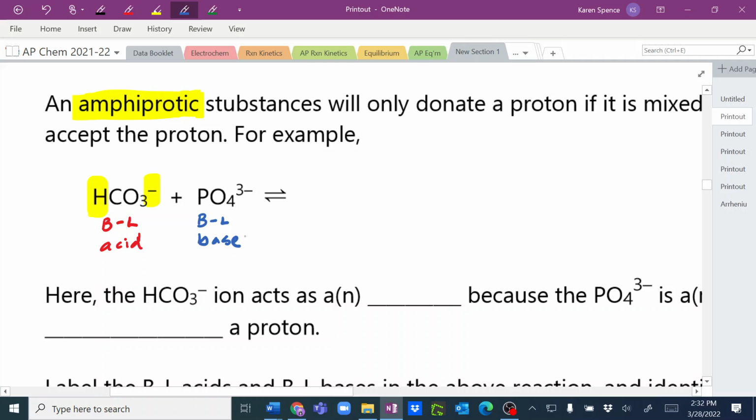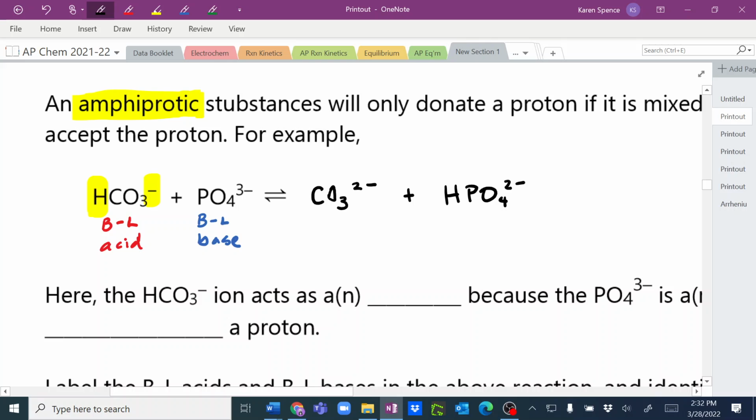Who are the products of that reaction there? CO3 2 minus plus HPO4 2 minus. Yes.